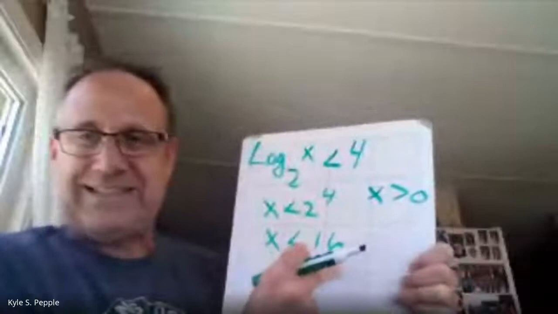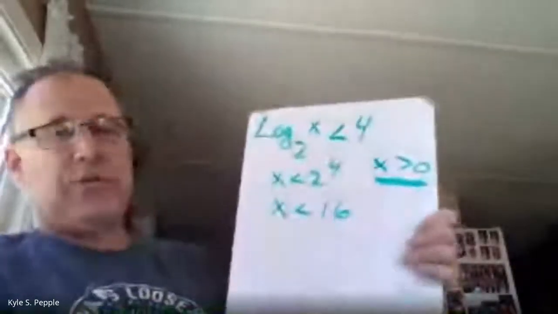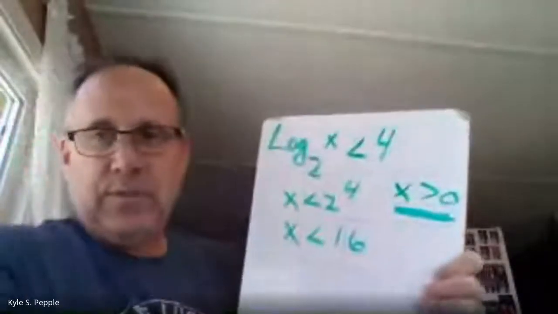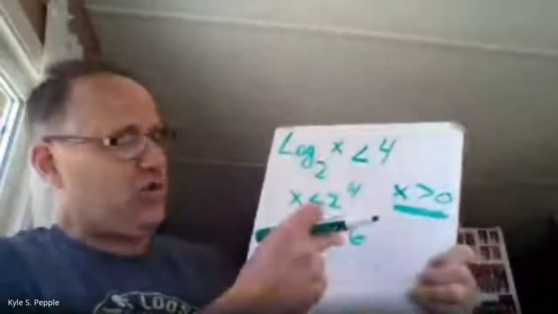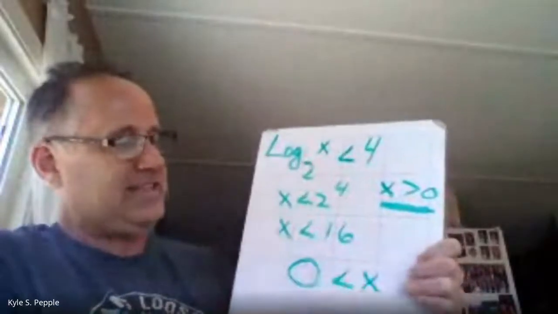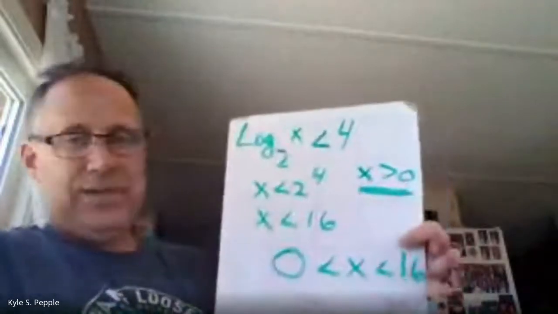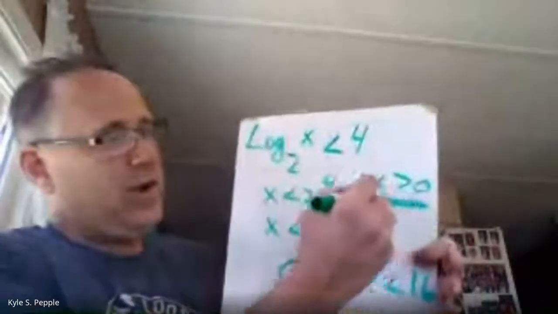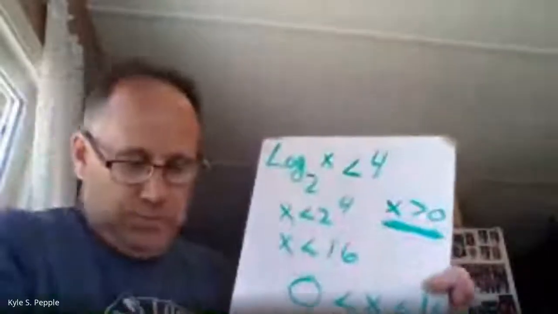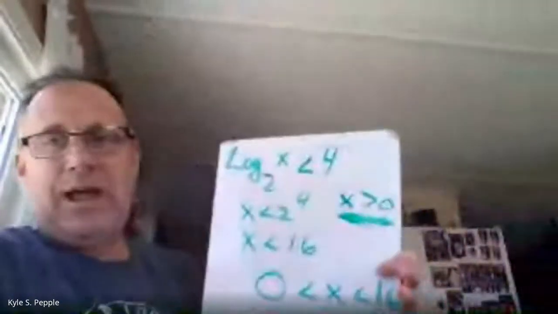Well, negative numbers are less than 16, but we know that x needs to be greater than 0. So my solution set is going to be 0 less than x, less than 16. X needs to be greater than 0, but x also needs to be less than 16. That's when this restriction comes into play.